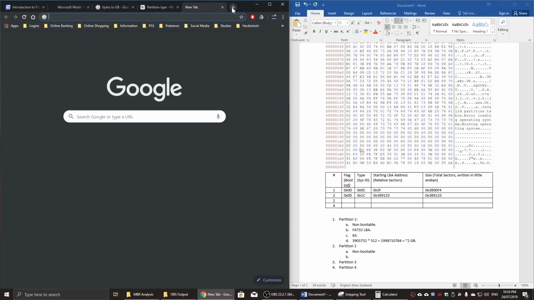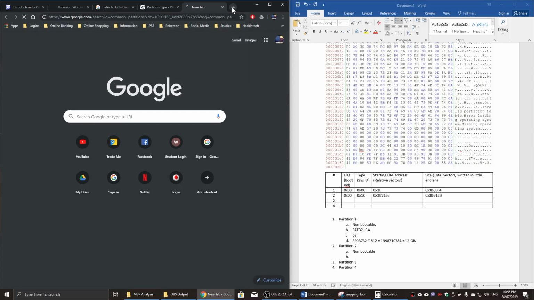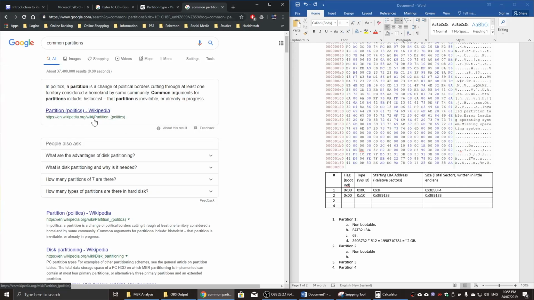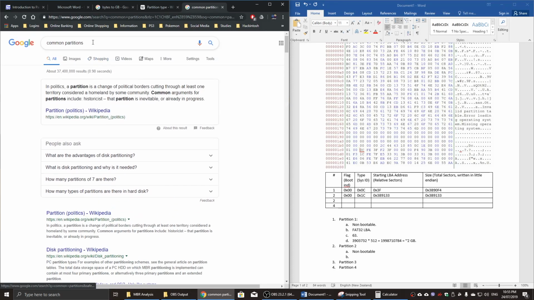Okay, I have a tab, partition, which I haven't opened, but I can't seem to find it.